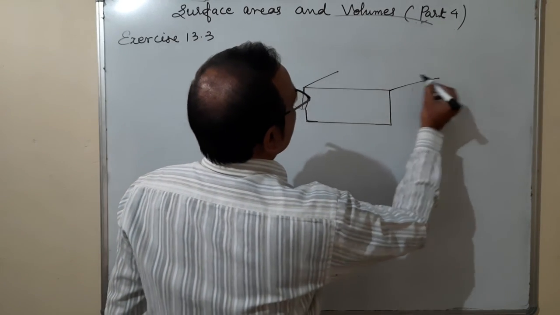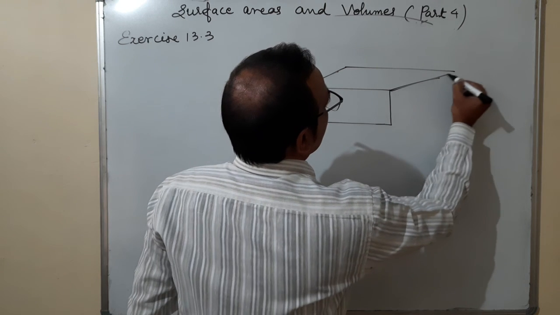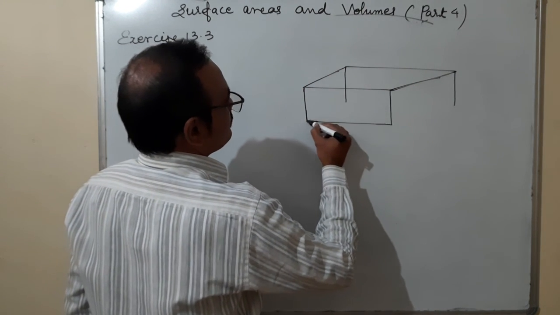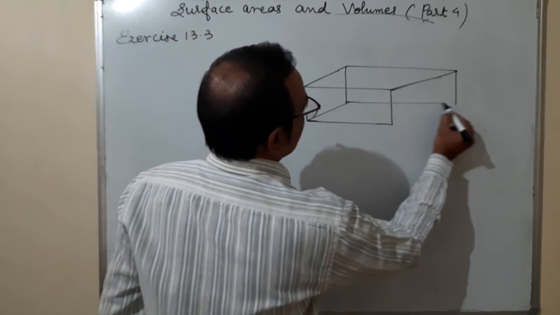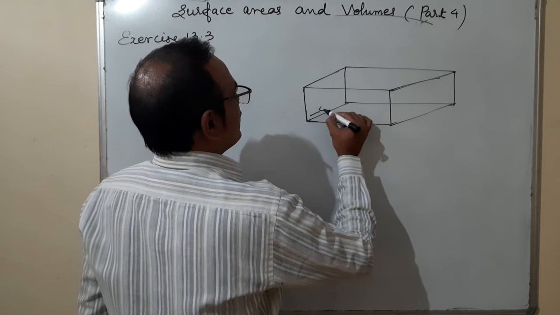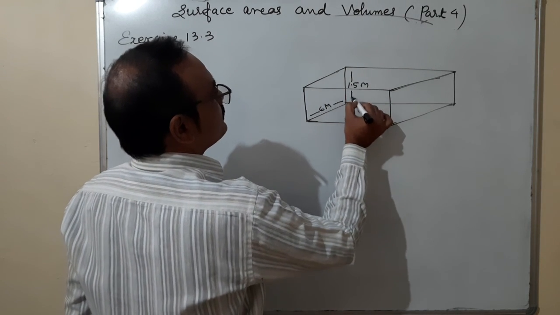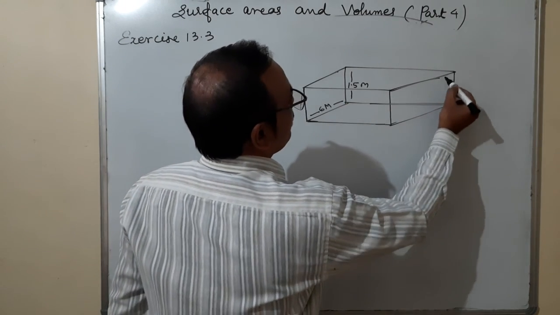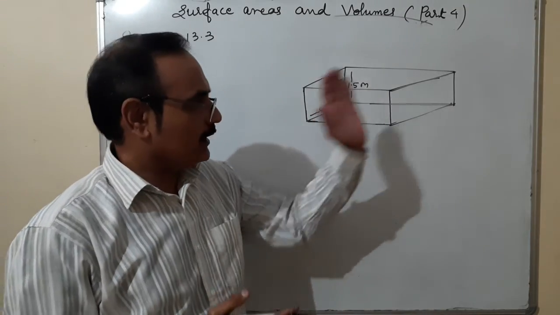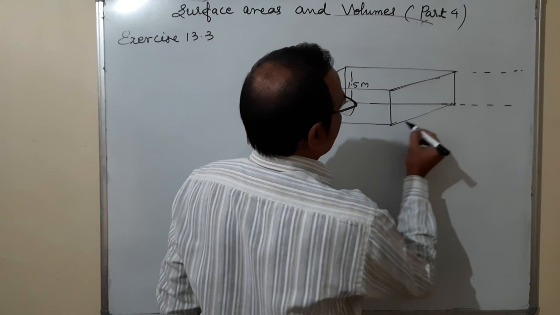This is not a canal, this is a small shape of the canal. The canal is going up to here, it's continuous, like this.